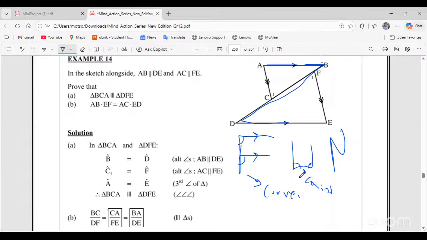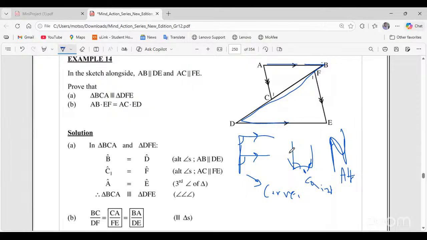Now, this angle plus this angle is equal to 180 degrees. That is called interior angle. But now, if your angles form something like that or an N, now that is alternate angles. As long as you use something like math is fun, corresponding angles, co-interior angles, alternate angles, please, guys, don't forget.